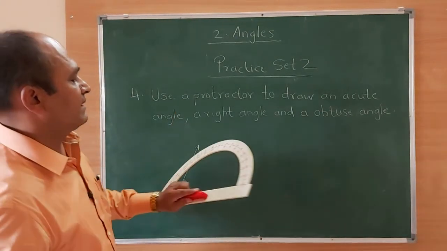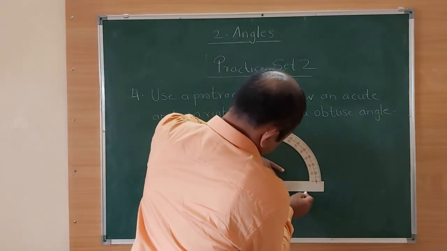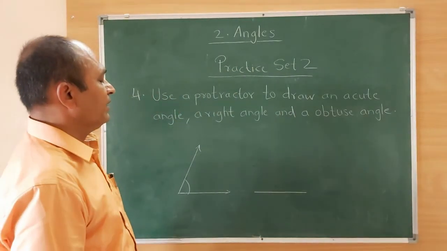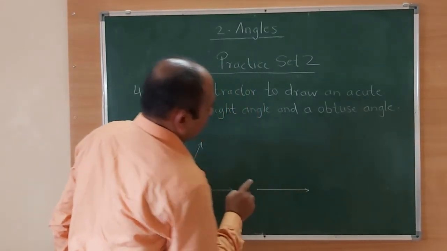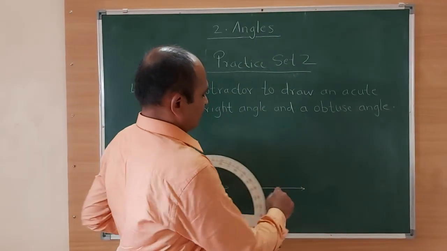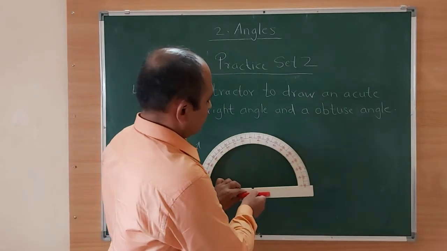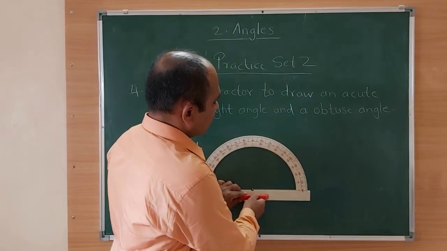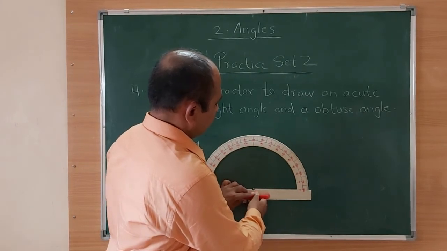Now a right angle. Here I have to make use of a protractor to draw exactly an angle of 90 degrees. Let this be the vertex of the angle. I keep the center of the protractor on the vertex, and I align the baseline of the protractor with the arm of the angle.